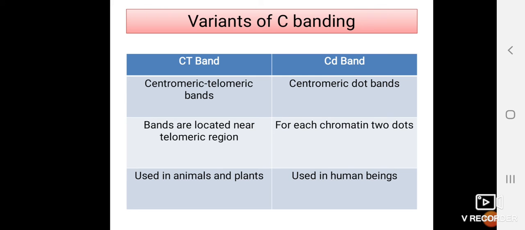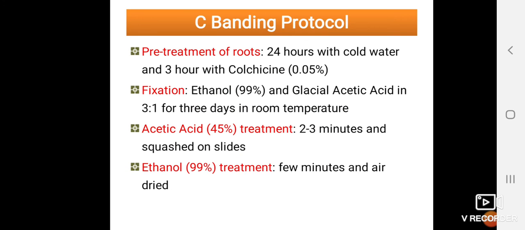CT is centromeric telomeric banding and CD is centromeric dot banding, which is used in kinetochore studies. In CT banding, bands are located near the telomeric region. In CD banding, bands are present as dots. CT is done in humans, animals and plants, whereas CD is done in humans.